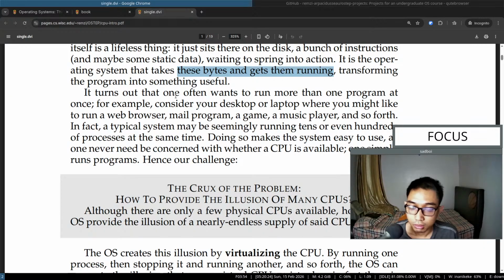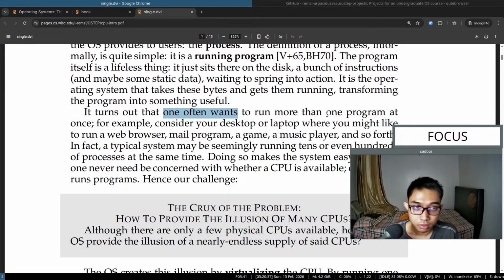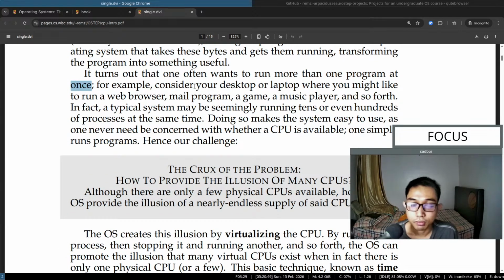It turns out that one often wants to run more than one program at once. For example, consider your desktop or laptop where you might like to run a web browser, mail program, a game, a music player, and so forth.